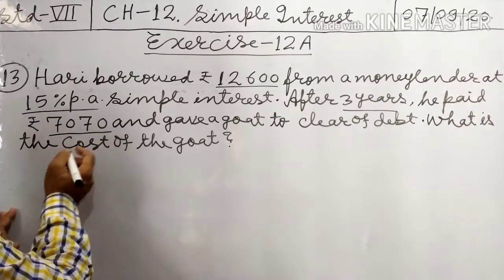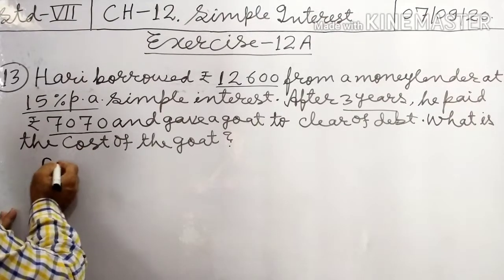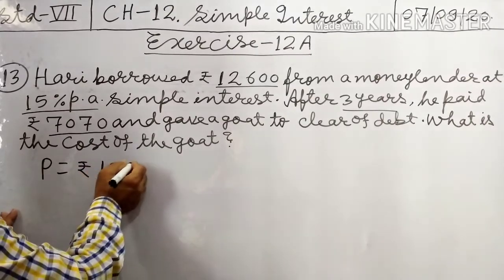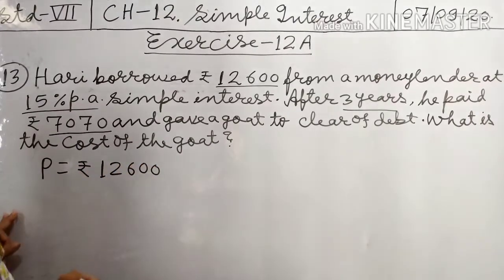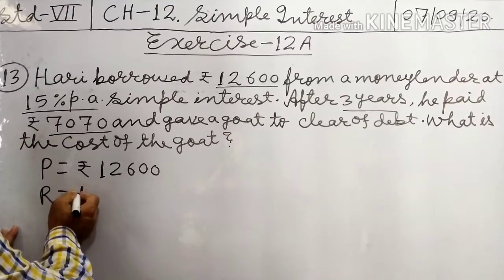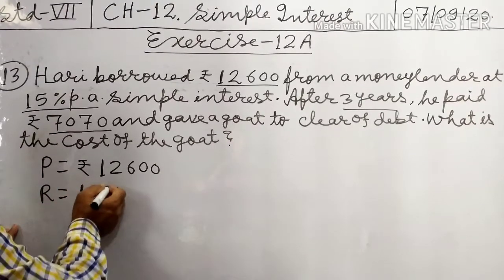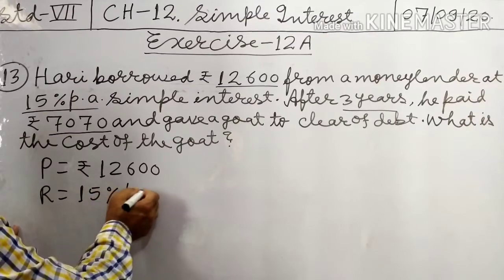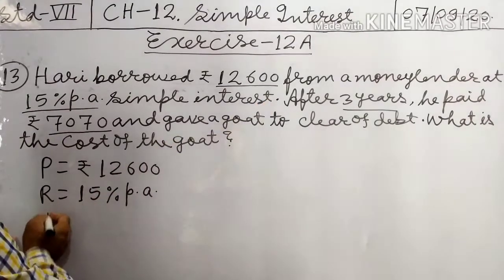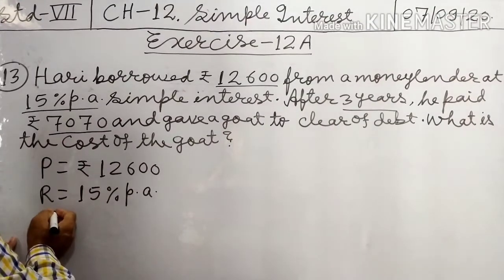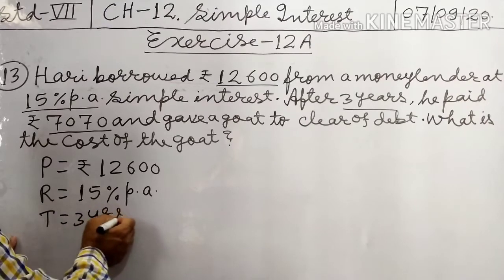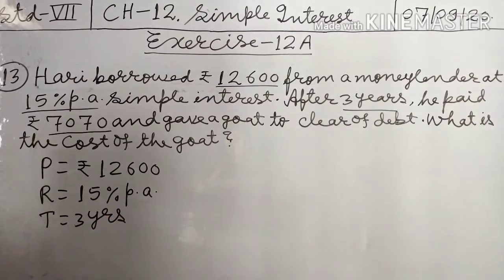Here P equals rupees 12,600, R equals 15% per annum, and after 3 years, T equals 3 years.